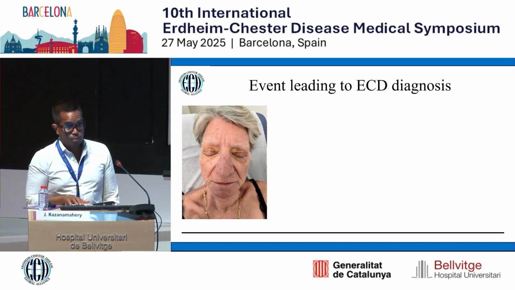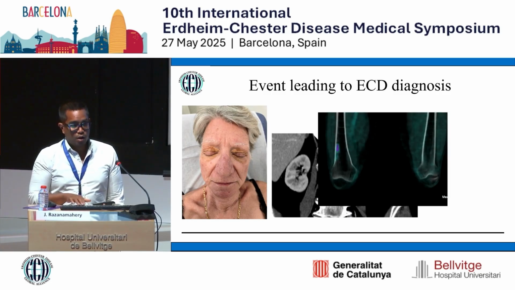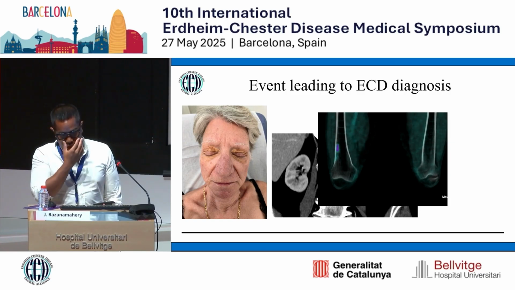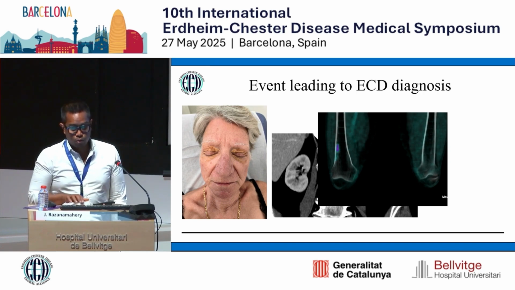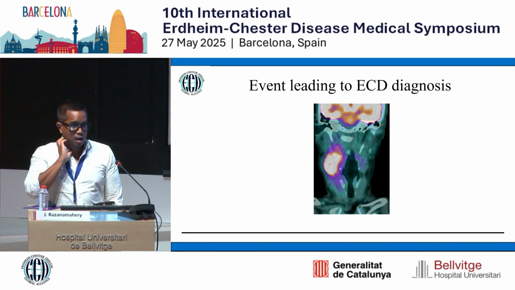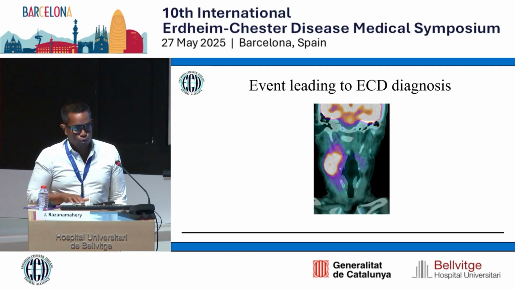So this is the picture of the patient, and if you look at the scan, there is some hairy kidney, but not bilateral hairy kidney, and she had a PET-CT. This is not really iconic for ECD, but they say there is a radiotracer uptake on the bone. But if we look at the PET-CT, she's got here a big lymph node, so this is not really usual.